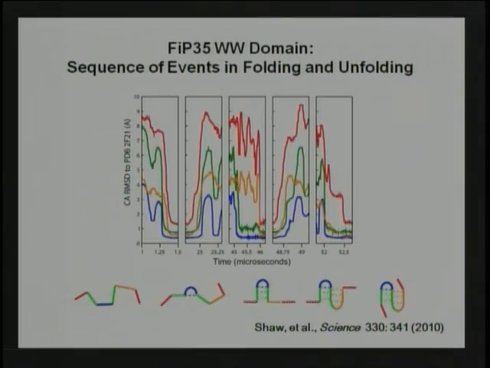So one of the things we looked at was what the sequence was. And I won't go through this in detail, but this basically maps out certain different distances within the molecule so that you can trace what's folding. And here's a little cartoon of it that's easier to see. There are a couple of structures here.